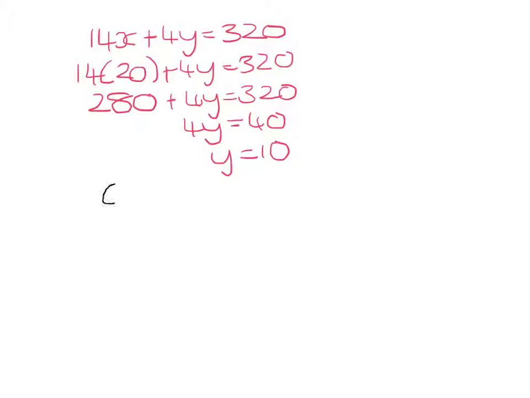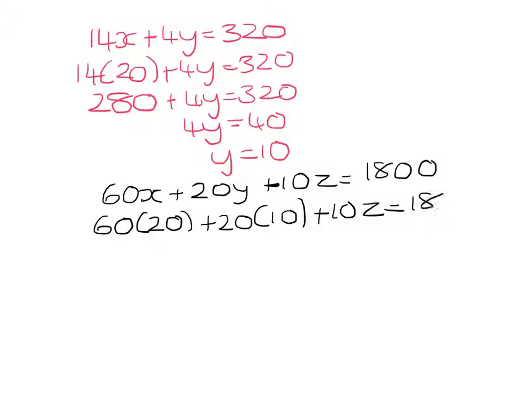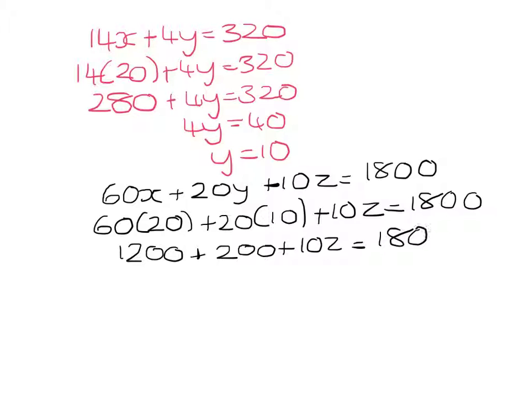Need to go right back to the start where we had 60x, 20y and 10z equal to 1800. X we've worked out is 20, y we have worked out is 10, and we're going to use this equation now to find z. So 1200 plus 200 plus 10z equals 1800.